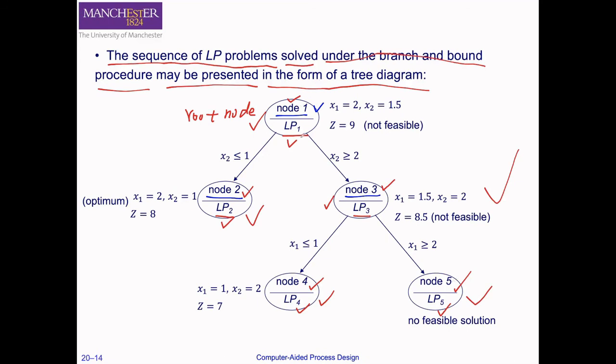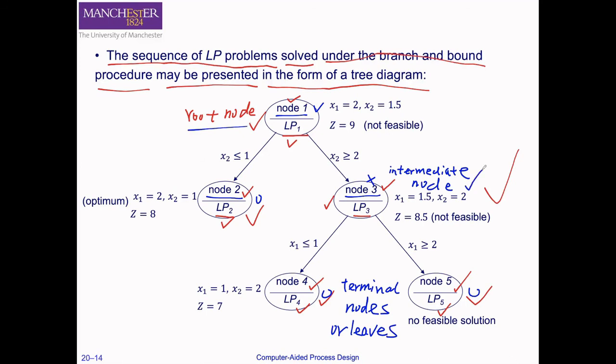We can also see nodes 2, 4, and 5 have no children. These three nodes are called terminal nodes or leaves of the tree. Node 3 has a parent node and child nodes, so it is regarded as an intermediate node. Based on this, each solution tree has a root node, intermediate nodes, and terminal nodes or leaves.